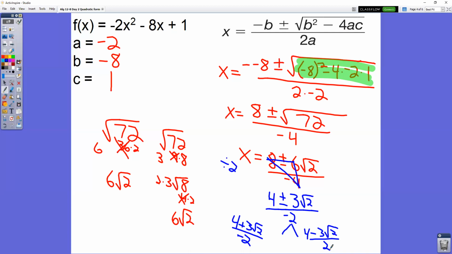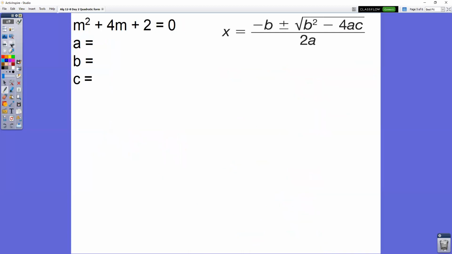Go ahead and try the next one on your own, please. It says an M. Sometimes they use different letters than X's. Not a big deal. Remember that there is really a 1 in front of that M squared. Go ahead and try this one on your own, please.